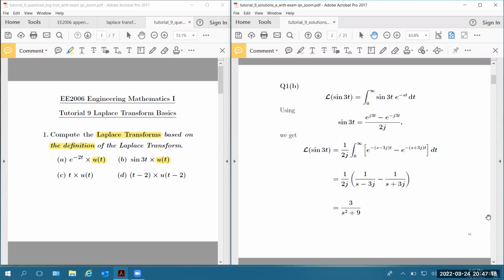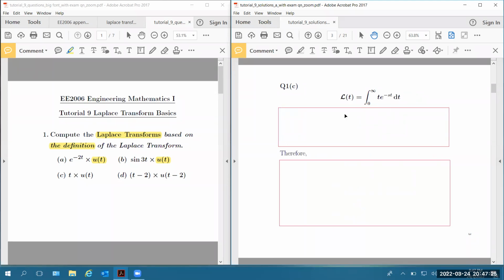Now let me go to part C. Part C is t u(t). You also know the u(t) here from 0 to infinity is 1, so that's why you just have it like that. How do you integrate this? What method do you use? Integration by parts.